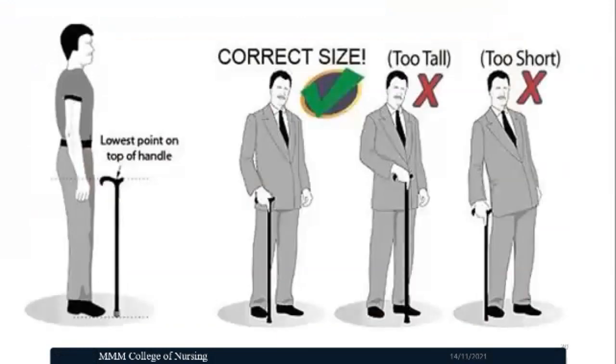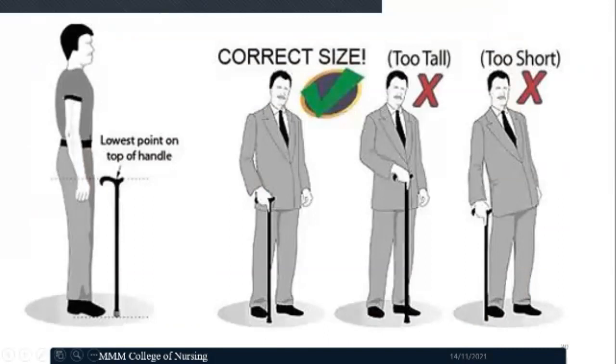This picture shows the correct size of the cane. If you look at this, the cane should be at the level of the elbow. So when the person is using the cane, the elbow will be slightly flexed. And here, if the person is too tall or the cane is too tall, the elbow will be flexed more, which will not support the patient's body weight, and the patient will not feel comfortable.